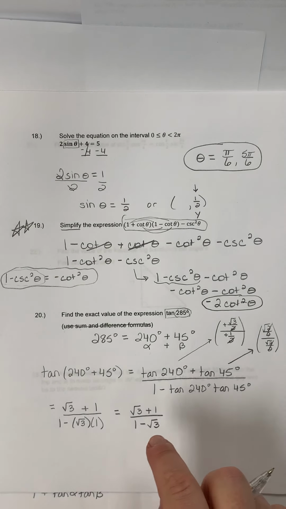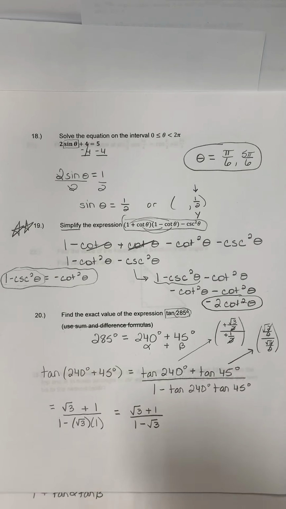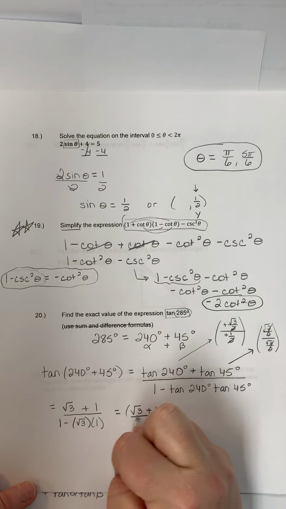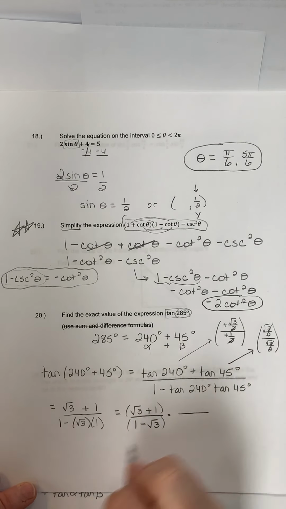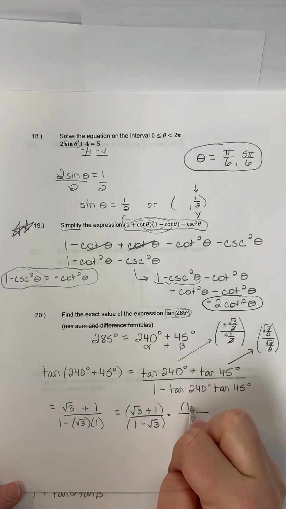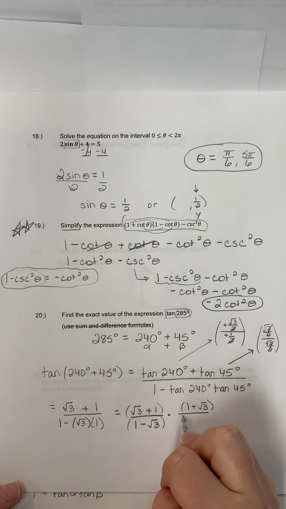We can't stop here because we have a radical in the denominator. If you recall, this was a bonus question back on test 2. What we have to do is multiply the top and the bottom by the conjugate of this guy. So I'm just going to change my sign, and I'm going to do 1 plus root of 3.